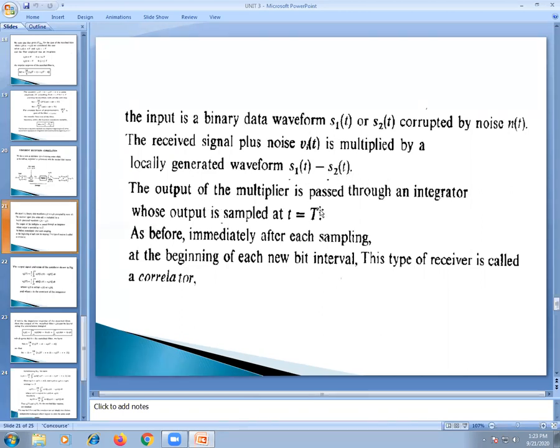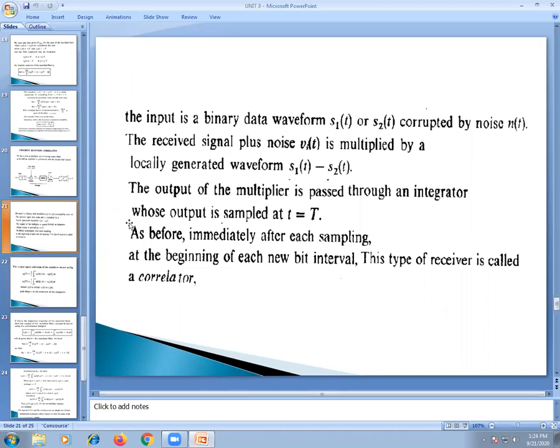Now the output of the multiplier is passed through an integrator whose output is sampled at t equal to capital T as before, immediately after each sampling, at the beginning of each new bit interval. This type of receiver is called a correlator.